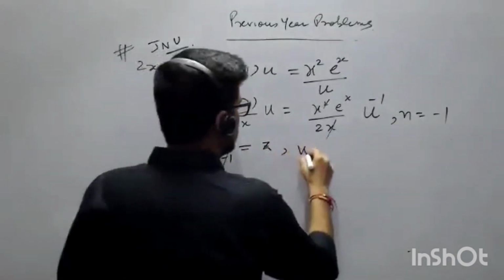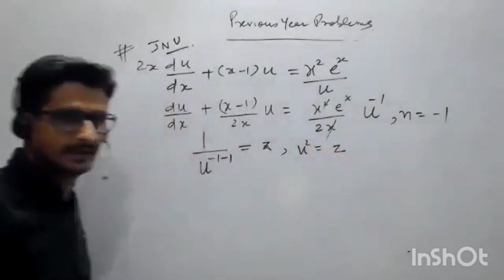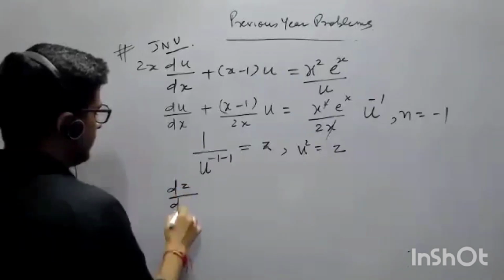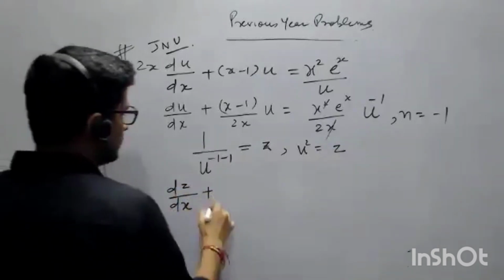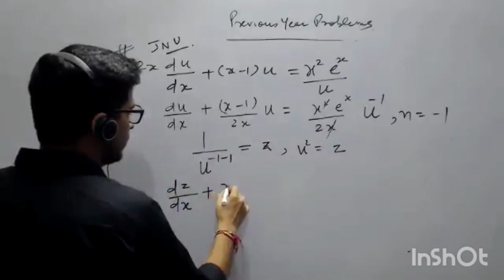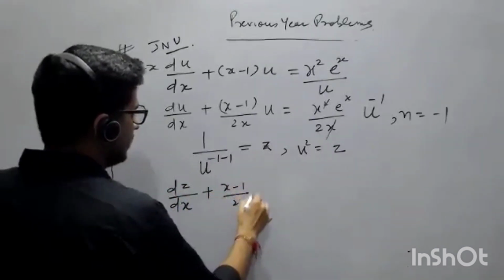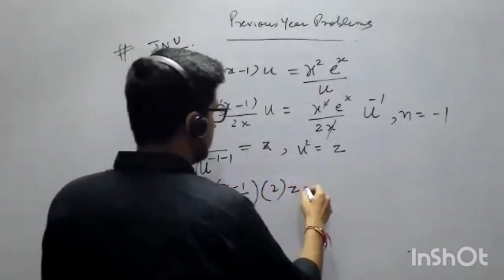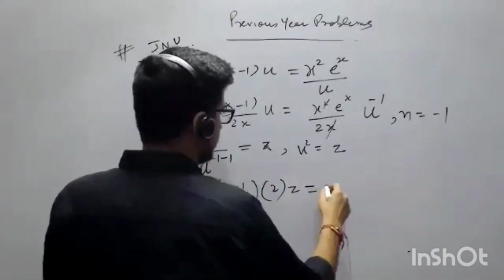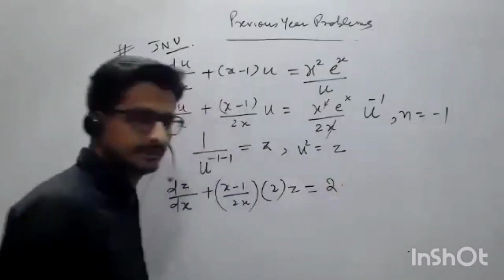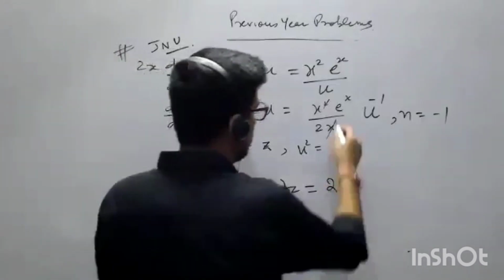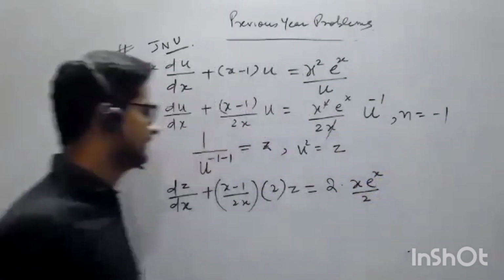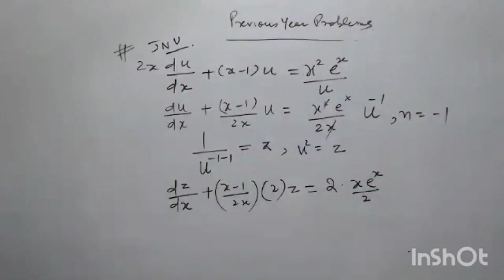So u square is equal to z was the substitution, and this equation will be changed to dz by dx, if you remember, plus p, 1 minus n, that will become 2z is equal to 1 minus n into q. Q is x e to the power x by 2. This is your new equation in the form of z.